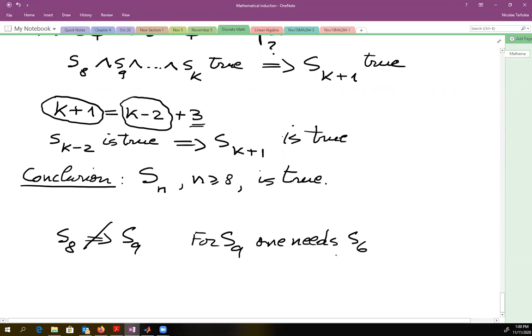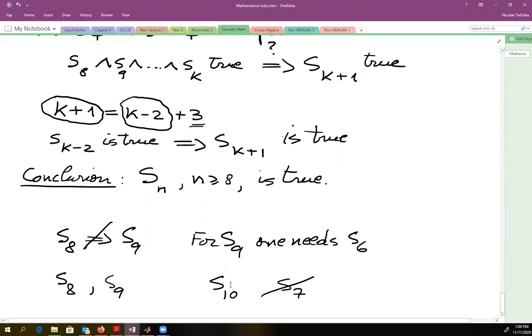So you need to verify S9 as well. So we have S8 verified, S9 verified, S10. For S10, we need S7. This is still not good. We haven't verified this one.